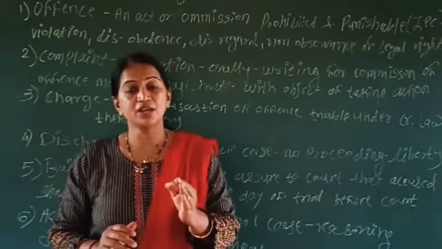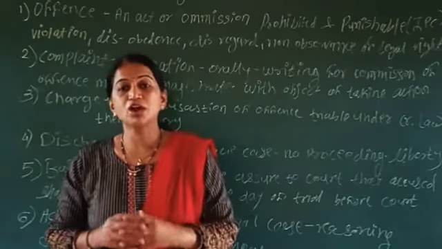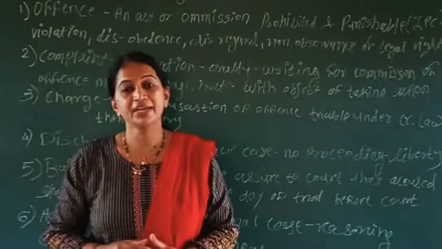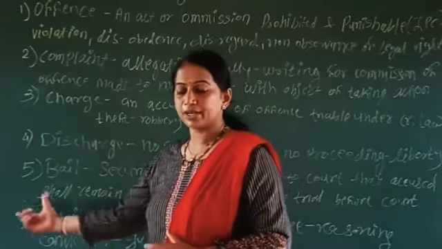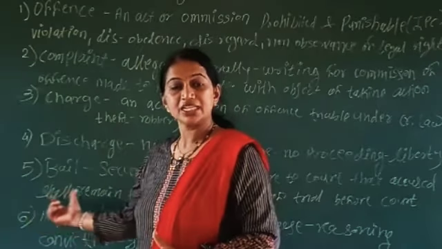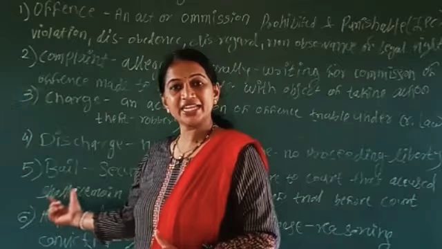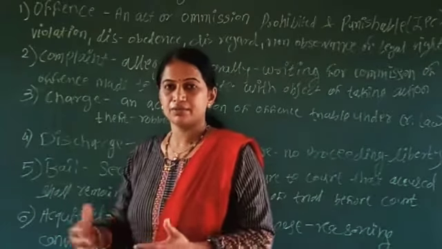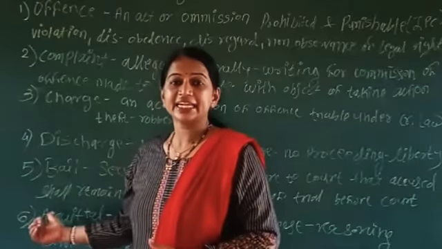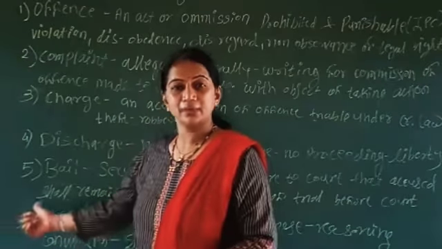In this matter, the court or a magistrate does not have discretion. It means if the accused gives a surety or a security for his attendance in court in the future trial, then at that time the court must release him on bail.